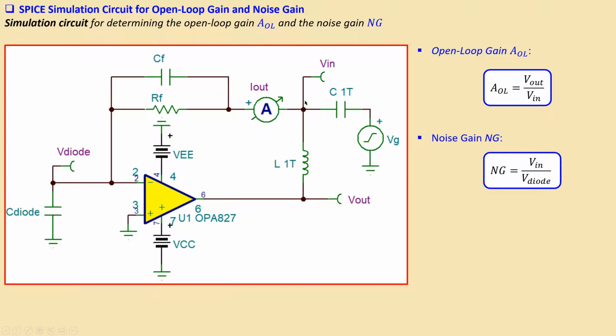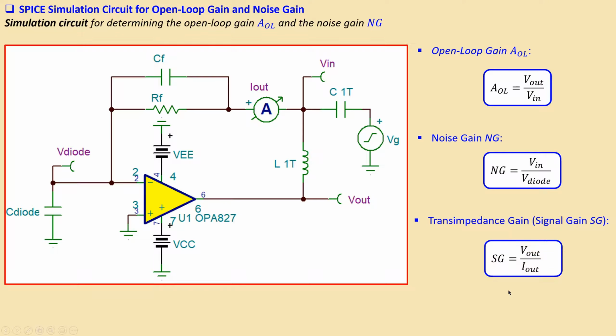So what we want is the voltage at this node divided by the V diode. That is the noise gain. Transimpedance gain, or the signal gain, is the output voltage divided by the input current, and the input current is also the same as I out, because this current flows through these two branches and joins again here, making it I out. So you will have V out over I out. That is your signal gain.